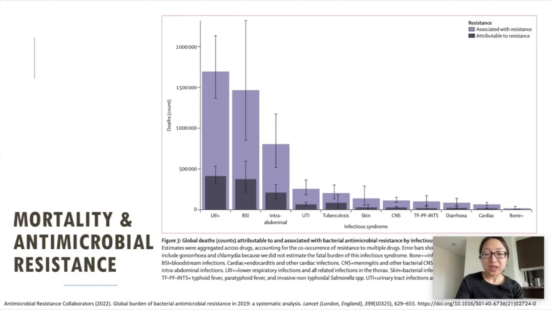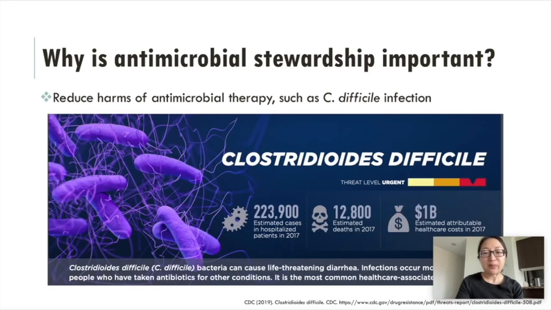Together, these 3 types of infections accounted for around 80% of deaths attributable to antimicrobial resistance in 2019. If you just look at the lower respiratory tract infections alone, this accounted for more than 400,000 attributable deaths and 1.5 million associated deaths.